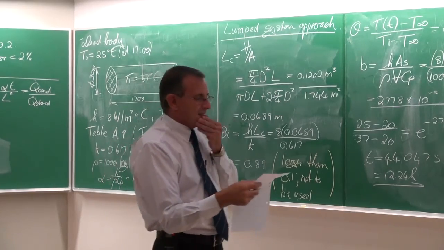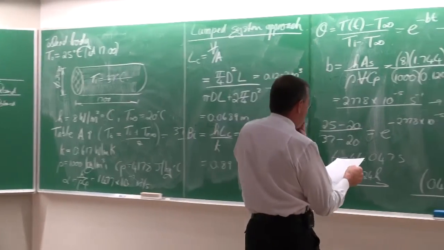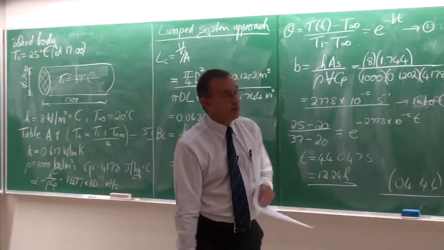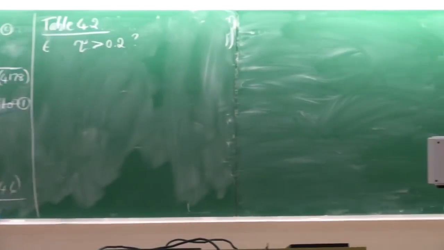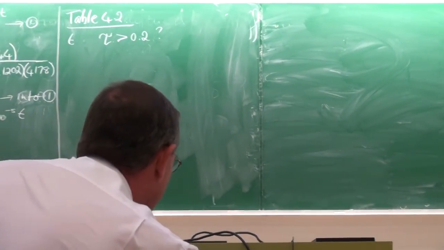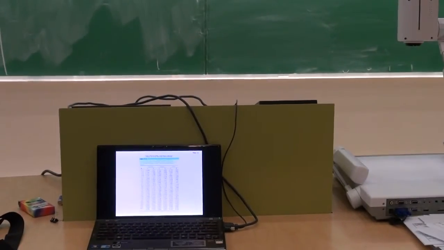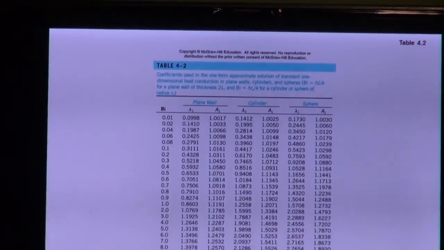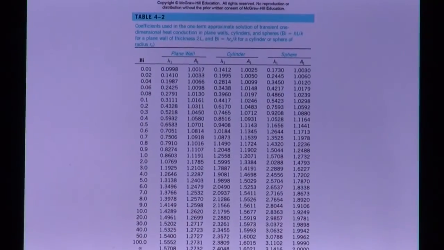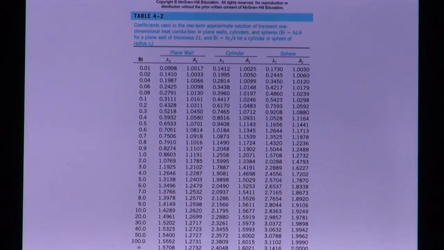equations. So if we now go and look in table 4.2, this time for the Biot number, for a cylinder, and also look in your textbooks and see if you agree with me. The Biot number is equal to 0.89, so about 0.9, approximately.